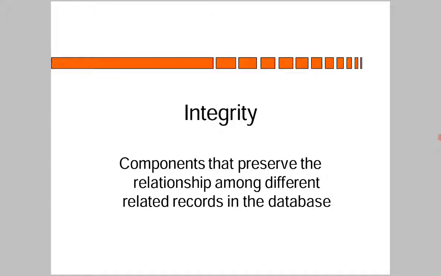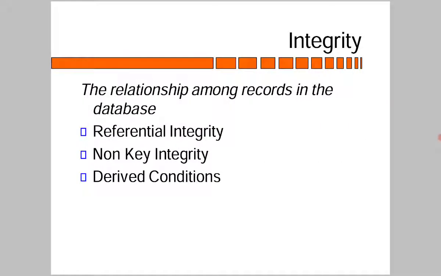Integrity means it is properly connected, by properly maintaining relationships among different records or different tables in a database. The relationship among records in the database is generally maintained in three ways: referential integrity, non-key integrity, and derived conditions.